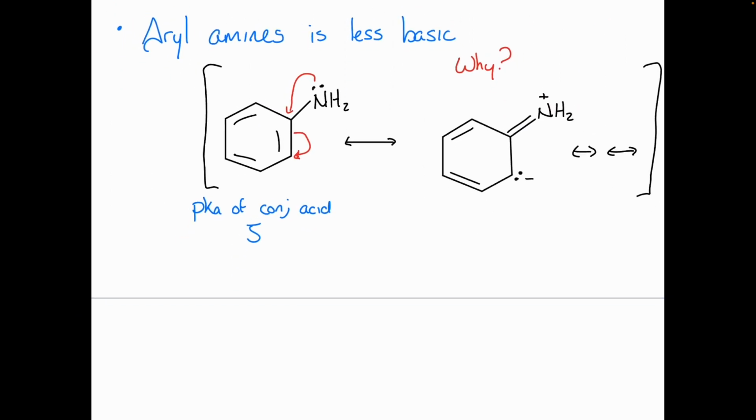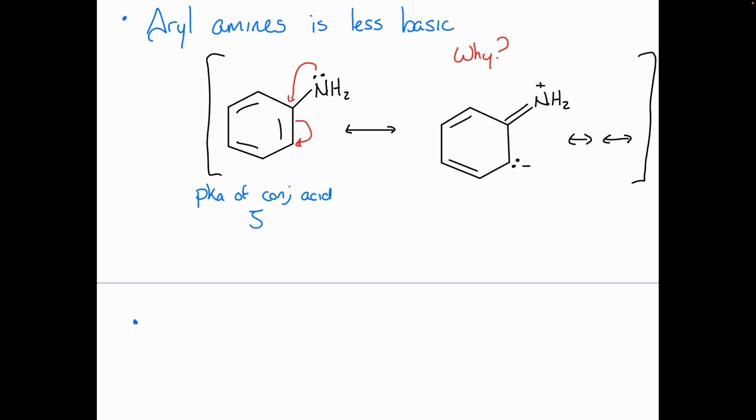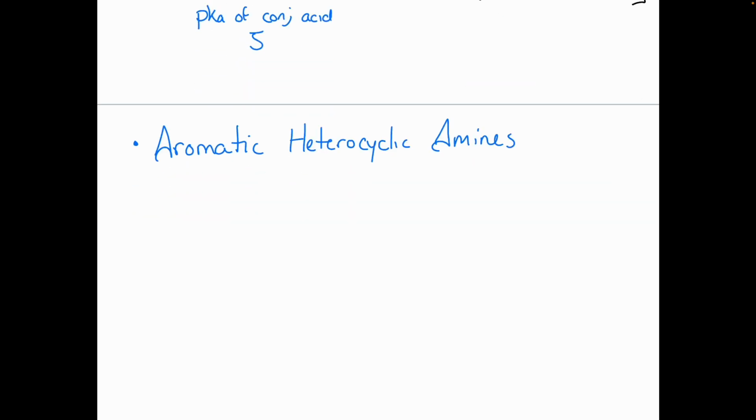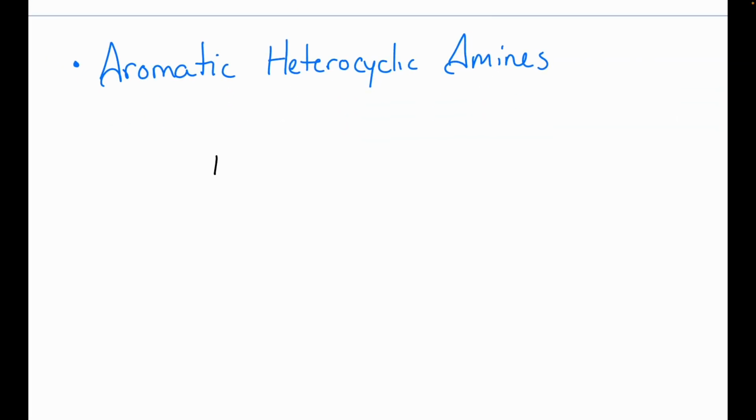Okay, and then lastly, we talked about these aromatic, what are called heterocyclic amines. All right, so when we were discussing aromaticity, we of course talked a lot about benzene, but then we also talked about these heterocyclic compounds.